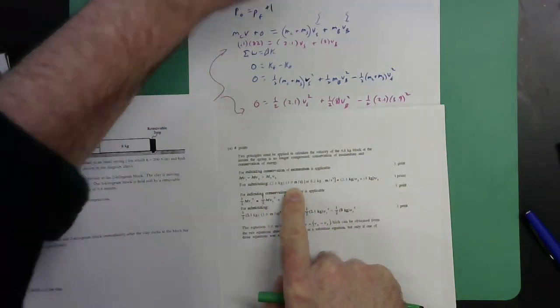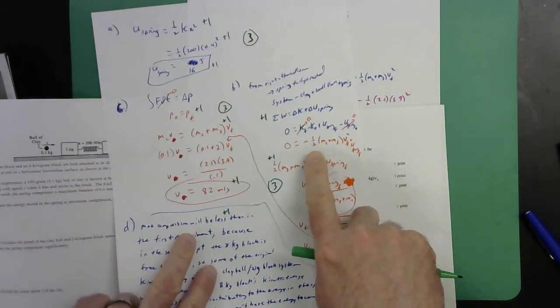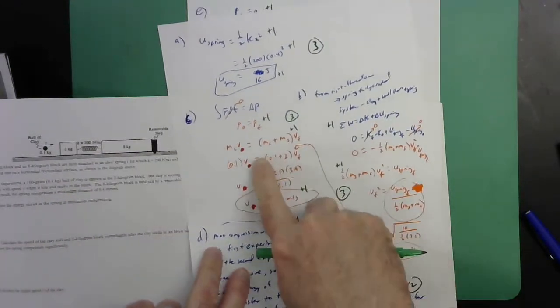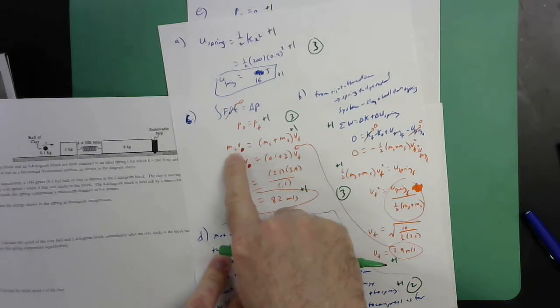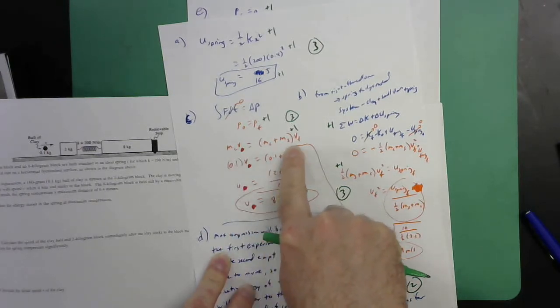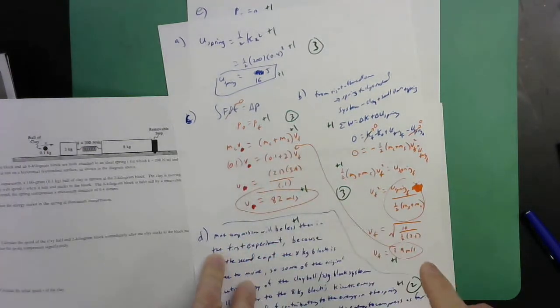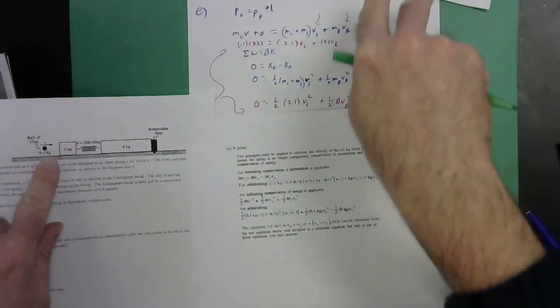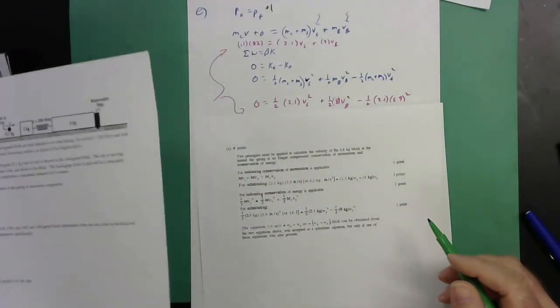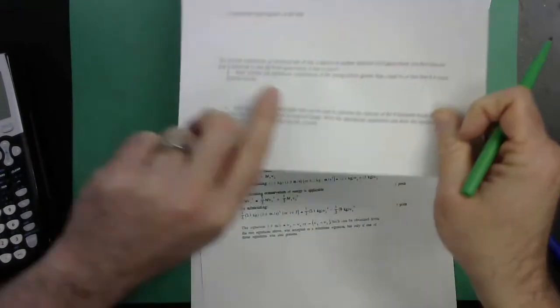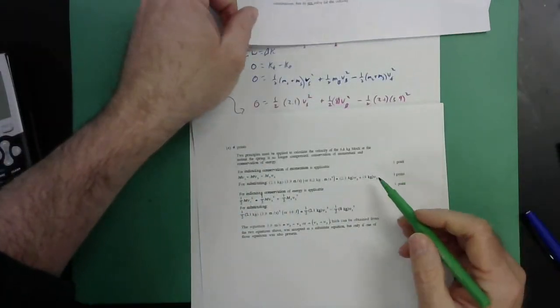Well, that is exactly the same as the mass of the clay times its initial velocity. They went from after the collision. I went from just before the clay hit because I thought it'd be easier to deal with one moving object than two moving objects. Go figure. Anyway, good enough. It's equivalent.